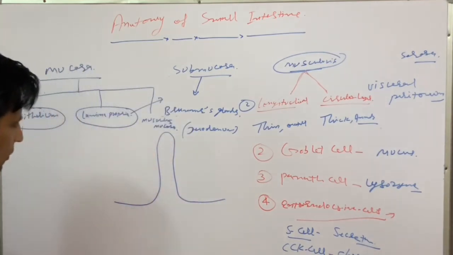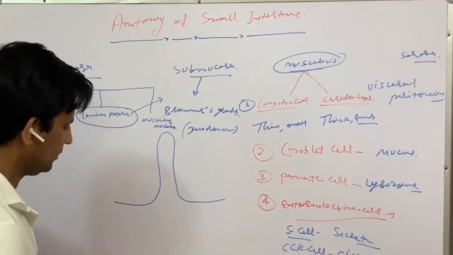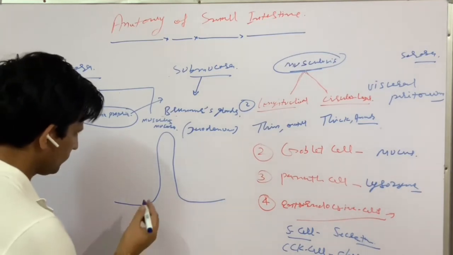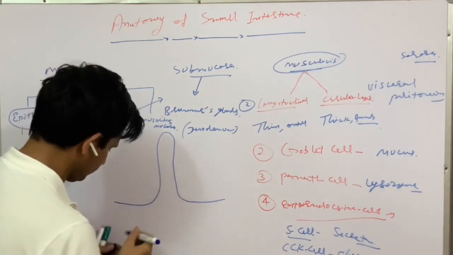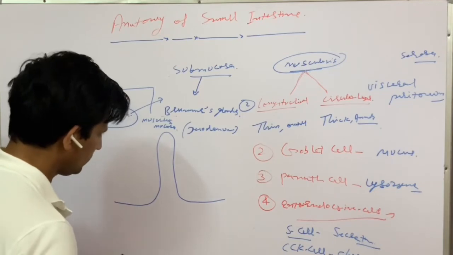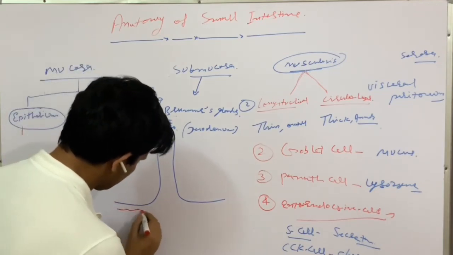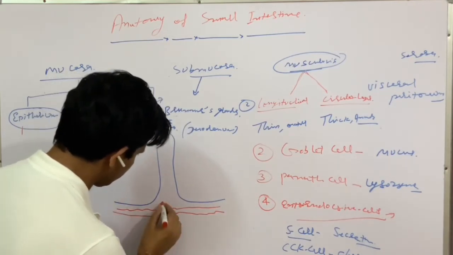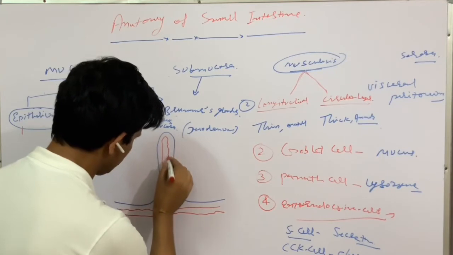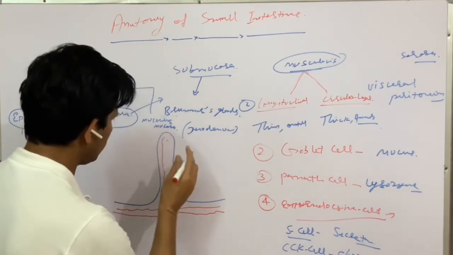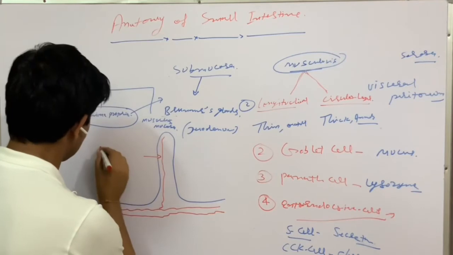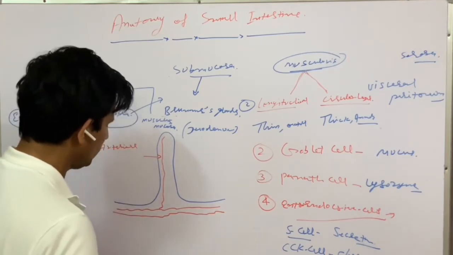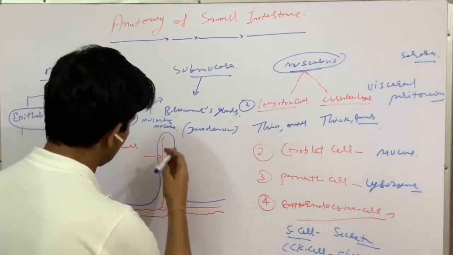Okay, right. So this is a microvilli and layer of epithelium, and there goes an arteriole. You can see one venule coming down.